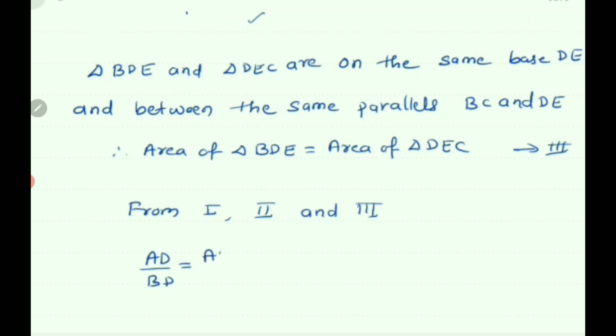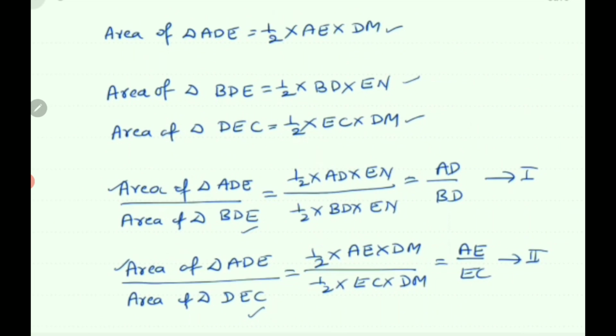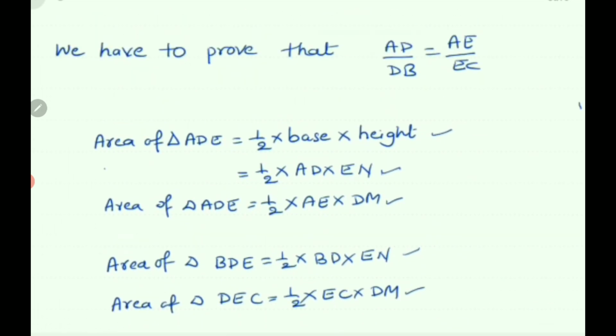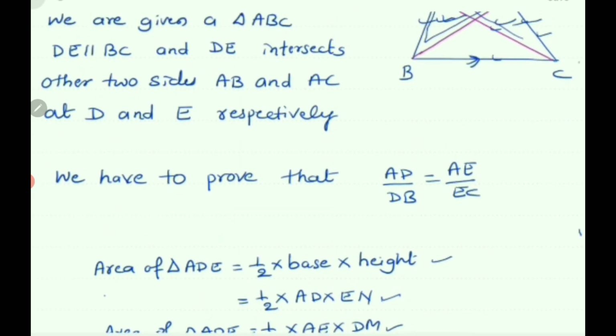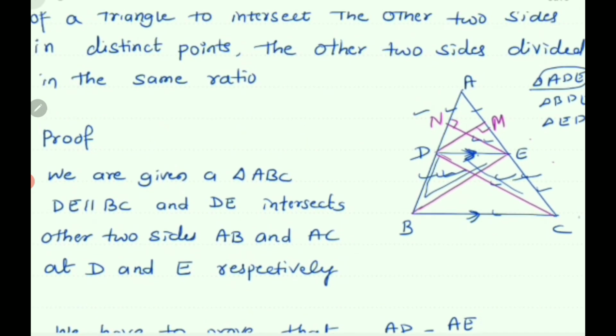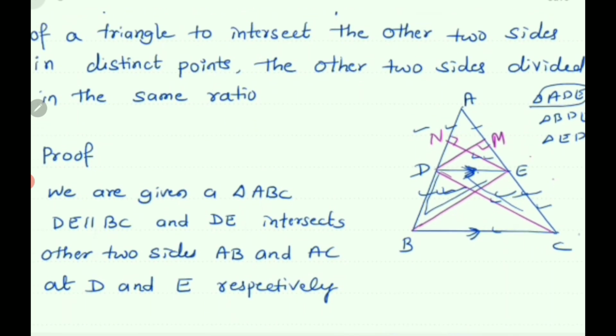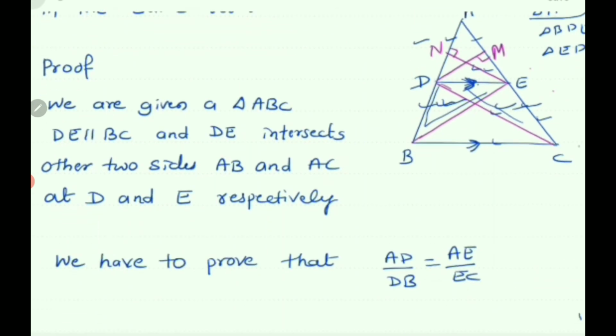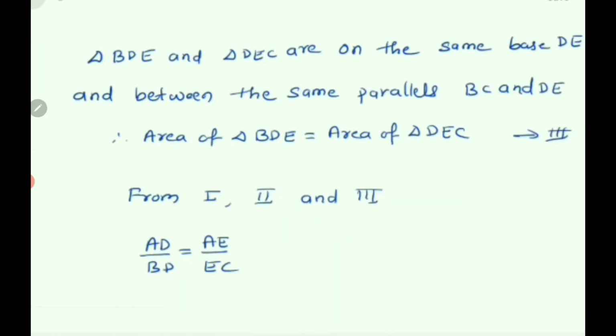AD by DB is equal to AE by EC. So here, DE parallel to BC, we have proved that AD by DB is equal to AE by EC. Here you got the proof for the Basic Proportionality Theorem.